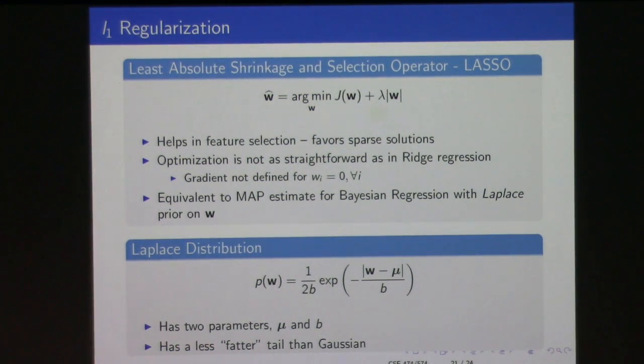But it turns out that there also you will have problems because now this prior is no longer a conjugate of your likelihood, which means that the posterior will no longer be Laplace again. Posterior will be something else. You can solve it, but it will need a lot of mathematical trickery. But there are solutions. So the thing to take back from this discussion is that lasso and Bayesian regression with Laplace prior are equivalent. Any questions?